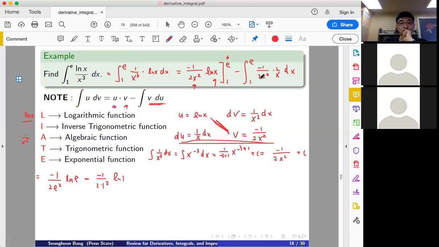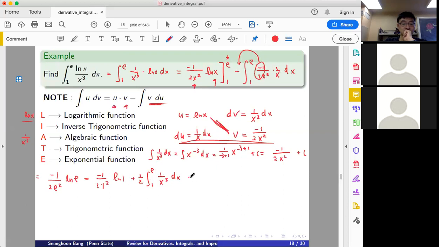You can take out minus 1 half here: minus 1 times minus 1 half is positive 1 half times the integral of 1 over x cubed dx from 1 to e.